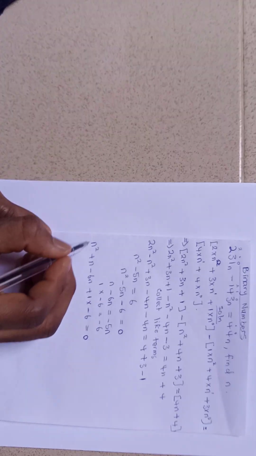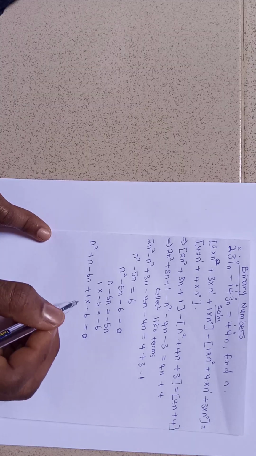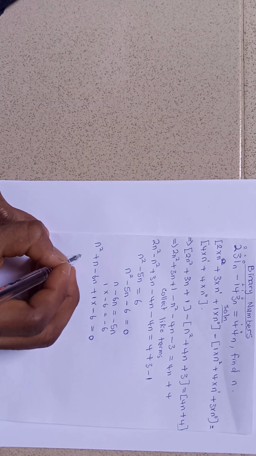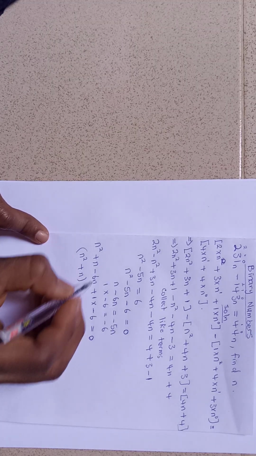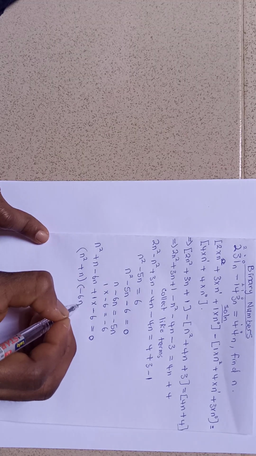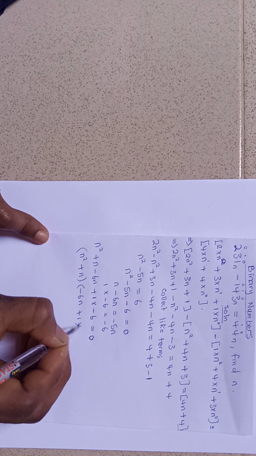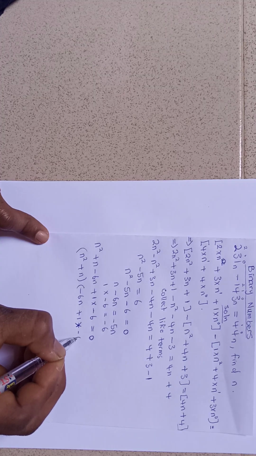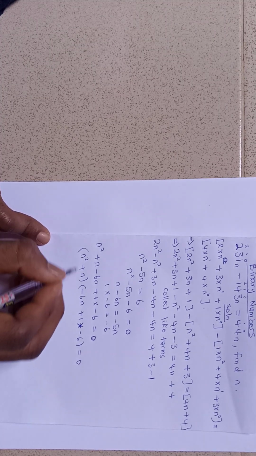Now we close the first two in a bracket and the rest inside another bracket. That's how the method works. We now have n² plus n in a bracket, then minus 6n plus 1 times minus 6 equal to 0.